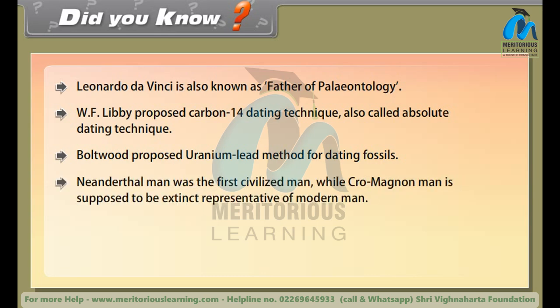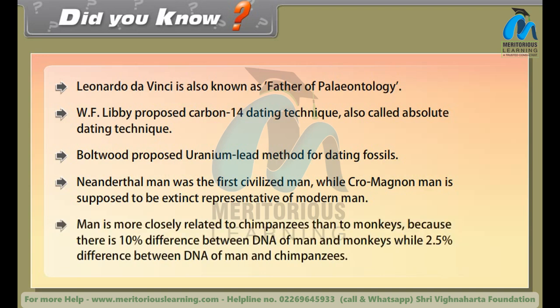Neanderthal man was the first civilized man, while Cro-Magnon man is supposed to be the extinct representative of modern man. Man is more closely related to chimpanzees than to monkeys because there is a 10% difference between the DNA of man and monkeys, while there is a 2.5% difference between the DNA of man and chimpanzees.